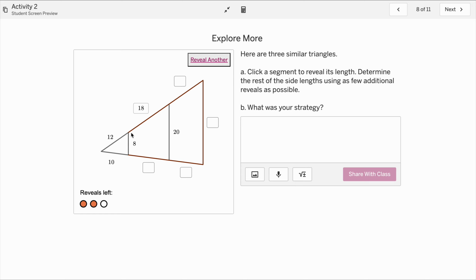So if from here to here is 1.5, I can figure out from here to here is 1.25. Because 8 times 1 is 8. 8 times 1/4 is 2. So 8 plus 2 is 10. So 1.25. I can multiply this by 1.25. So 20 times 1 is 20.